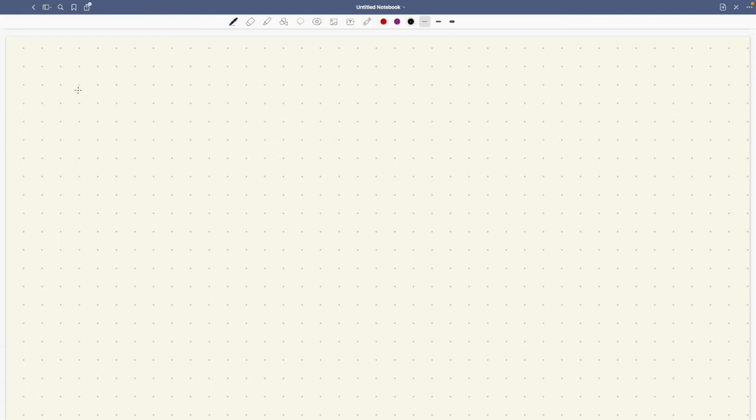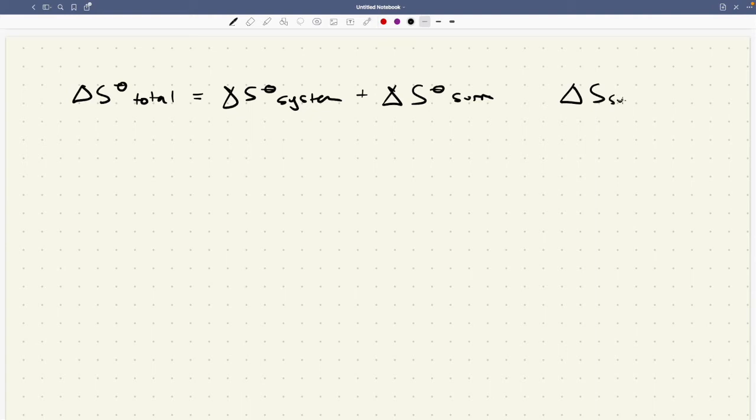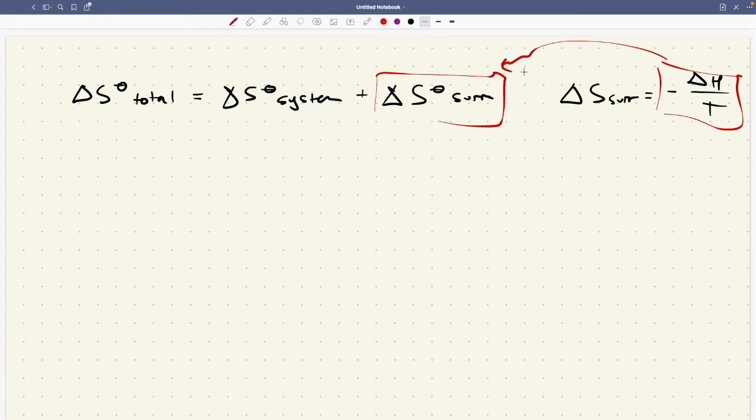So to start with, we said that the delta S, the total, is equal to the delta S of the system plus the delta S of the surroundings. And we said that the delta S of the surroundings is equal to minus delta H over T. So if we've got that equal to that, let's pop that in place of our delta S of the surroundings and see what we end up with.